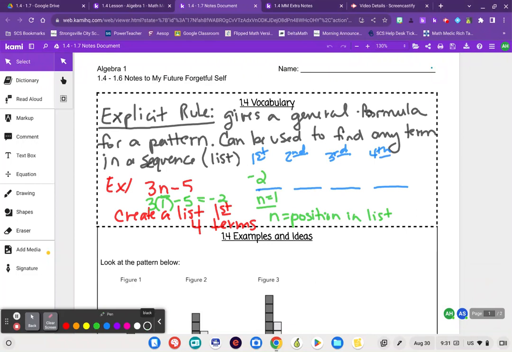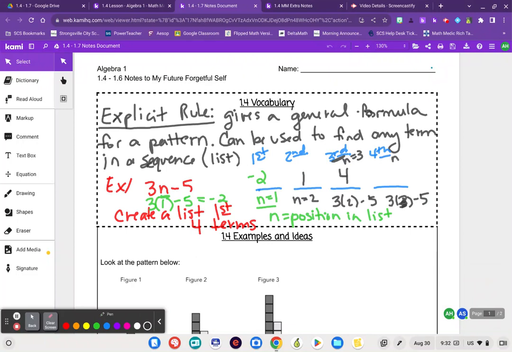Similar idea, if I want to find the second number in the list, that means my n is 2. I'm kind of out of space, so I'll do it down here. I'm going to do 3 times 2 minus 5. 3 times 2 is 6, minus 5 is 1. If I want to find the third number in the list, then my n is 3. I go through this process again: 3 times 3 minus 5. 3 times 3 is 9, minus 5 is 4.